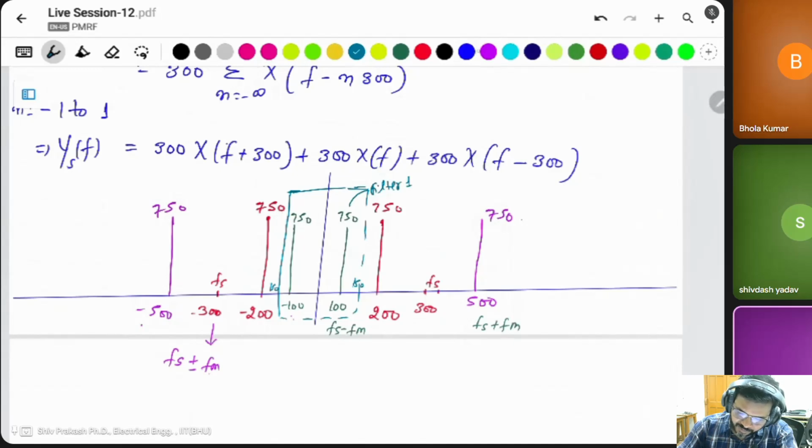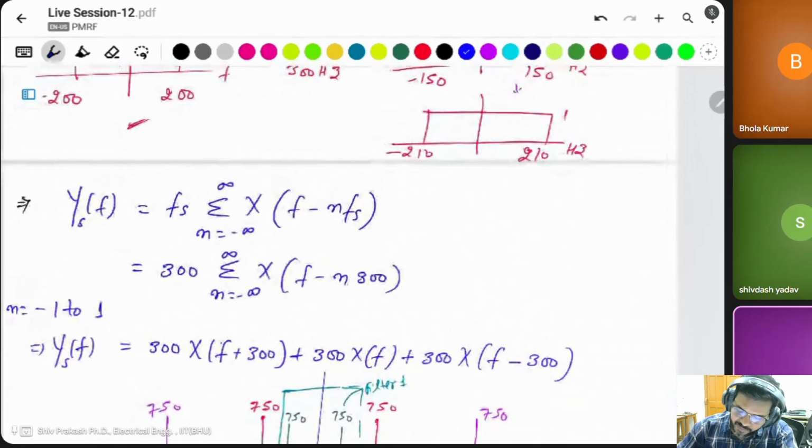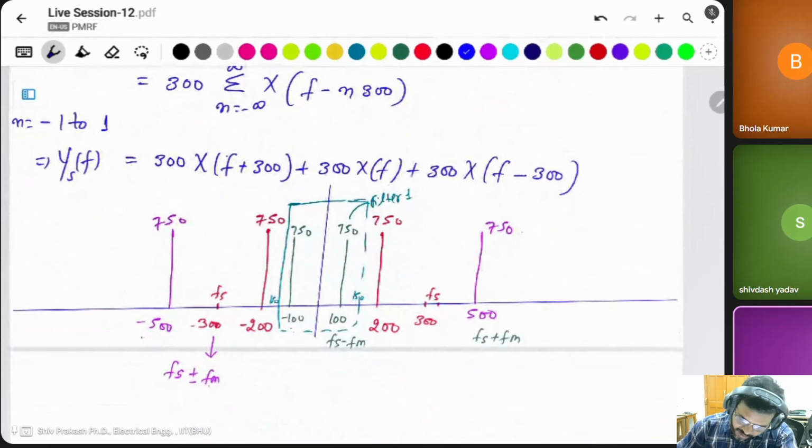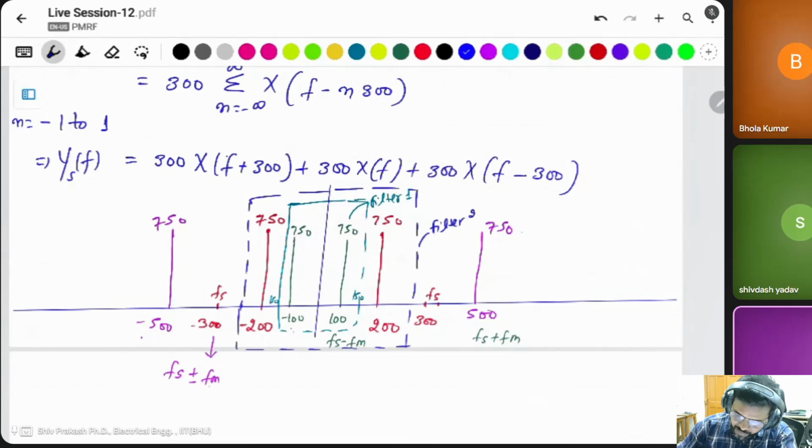Okay. Second thing, in second filter is apply frequency, cutoff frequency is minus 210 to plus 210. Then 210 is here somewhere. This is the filter 2 output.